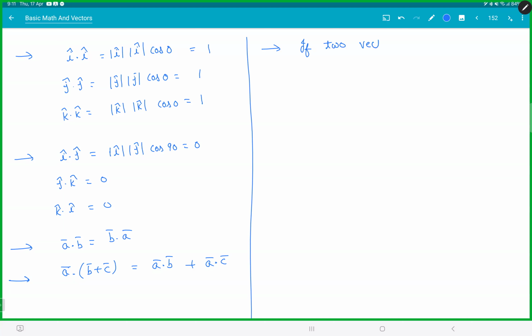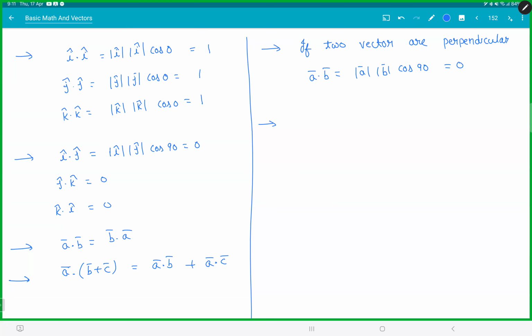If two vectors are perpendicular, then a dot b will be mod a mod b cos 90, which is 0. So if two vectors are perpendicular, dot product is 0.